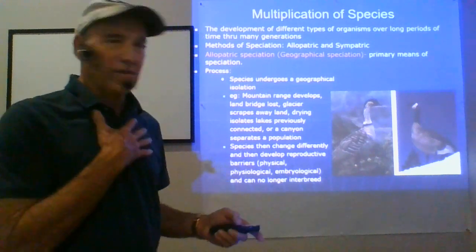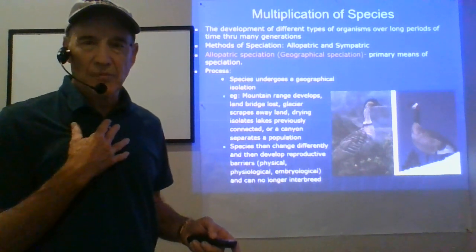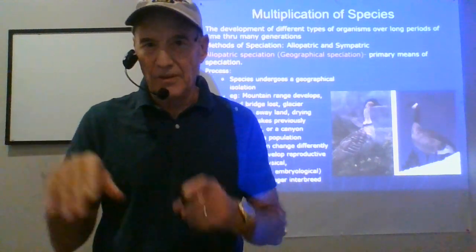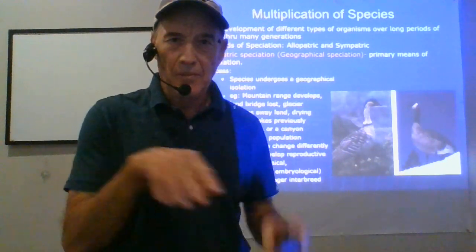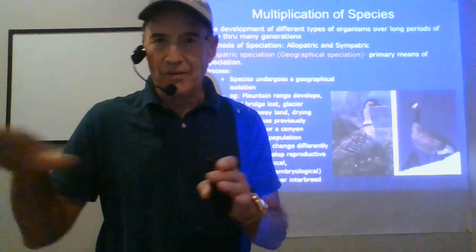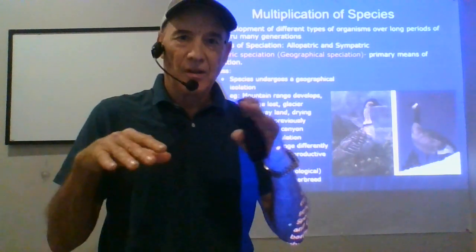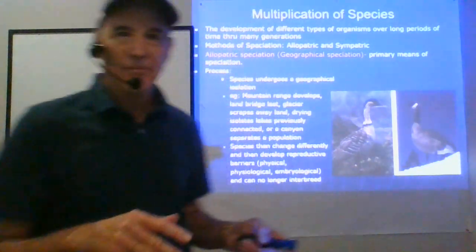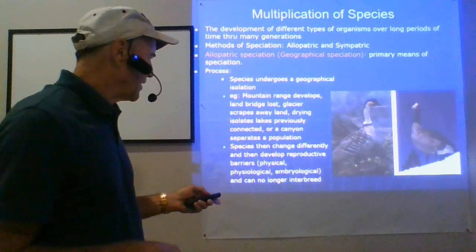Something like that separates that population of species. Now these guys are over here in this environment, and these guys are over here in this environment. Maybe those environments are a little bit different. This was kind of a treed environment over here, and this was not a treed environment. Who knows? Something was different.